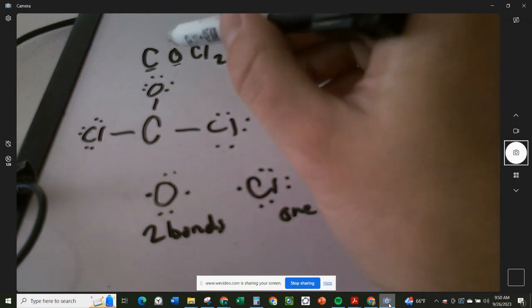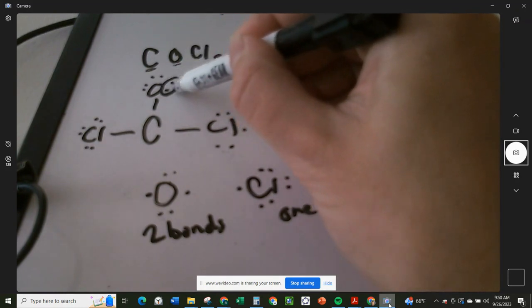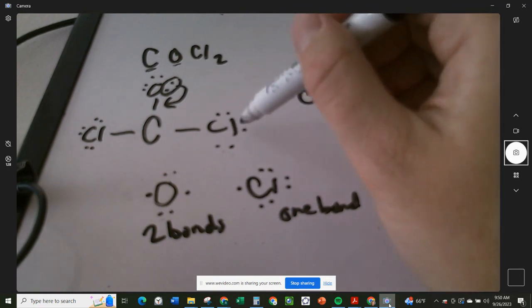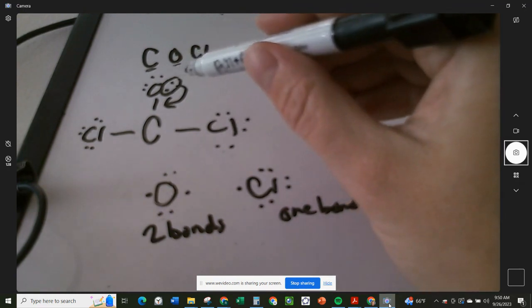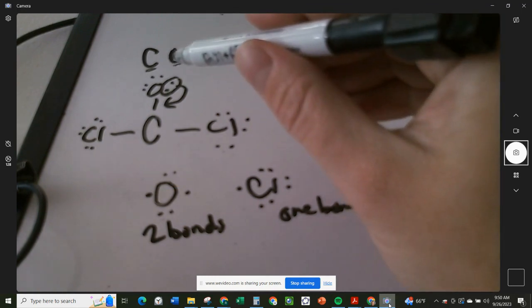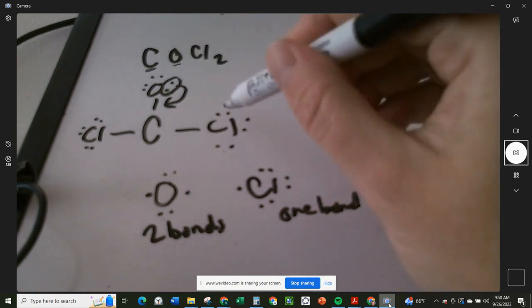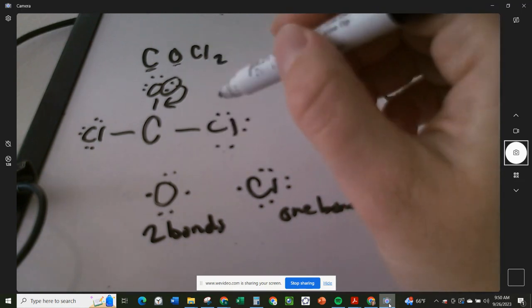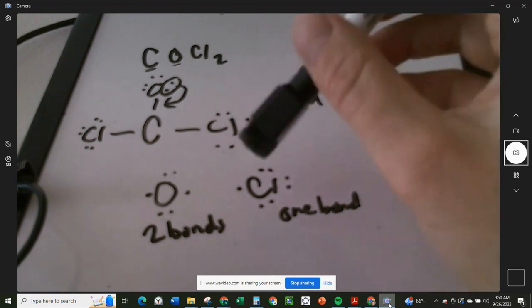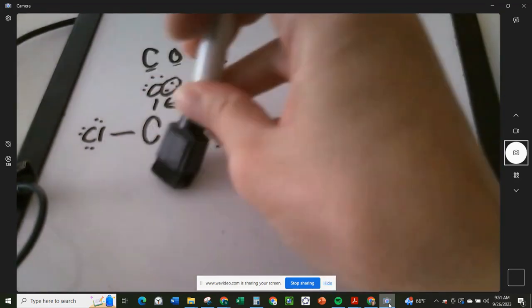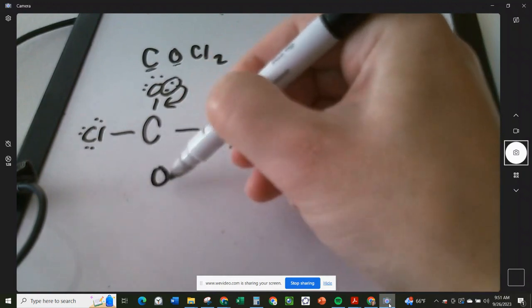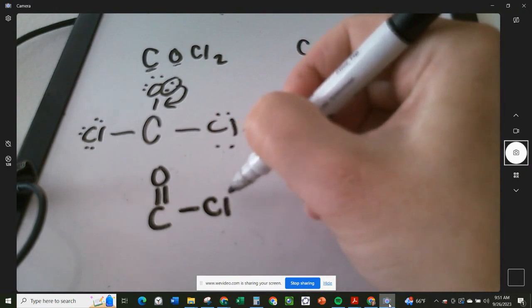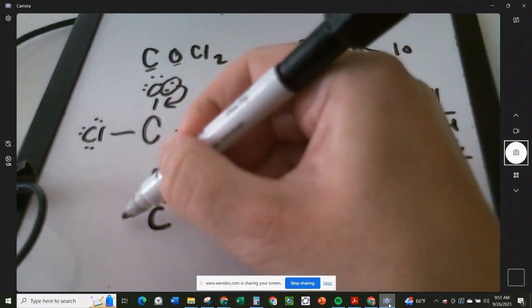So we're going to take the electron pair from oxygen and move it to carbon. This also has to do with electronegativity. Chlorine has a greater electronegativity than oxygen, so oxygen is going to have an easier time sharing its electrons than chlorine. Chlorine needs to pull its electrons tight, and it can't share as well. So we're going to move this electron pair down as a double bond, and that will help us satisfy the octet for carbon.